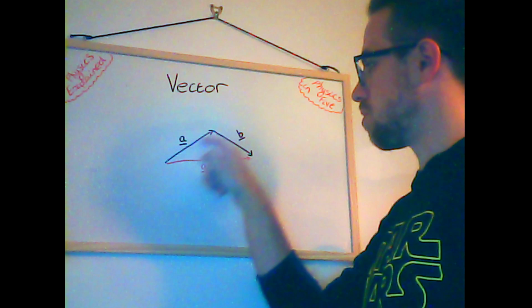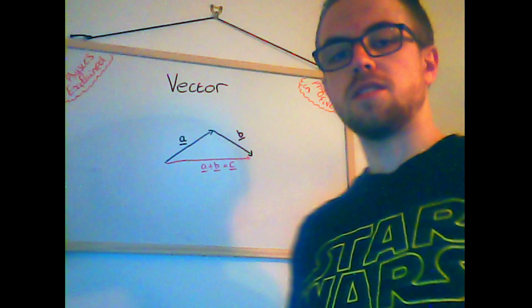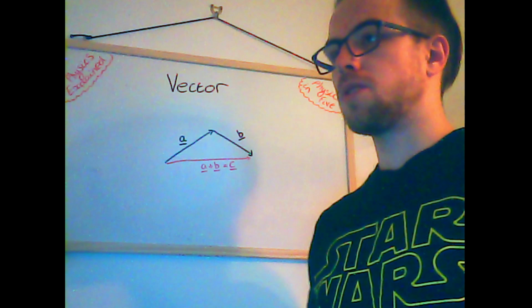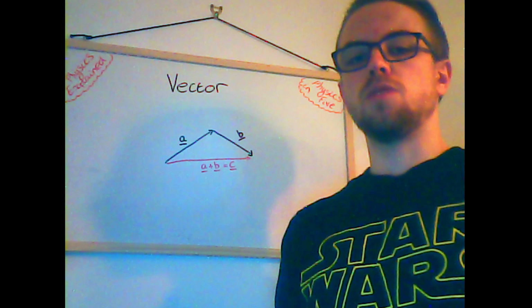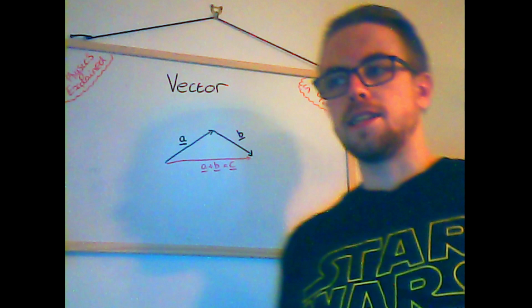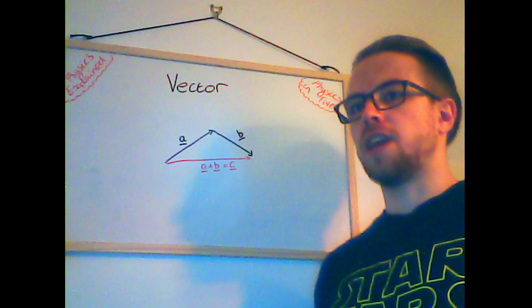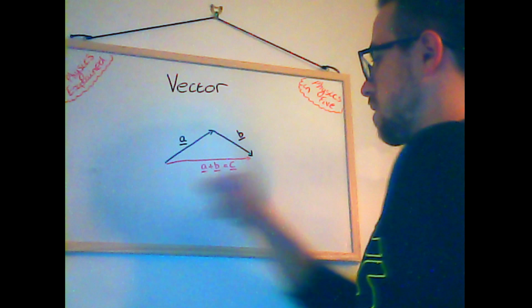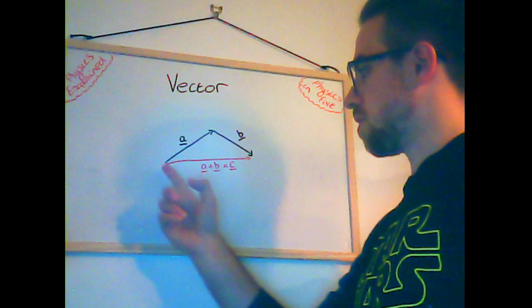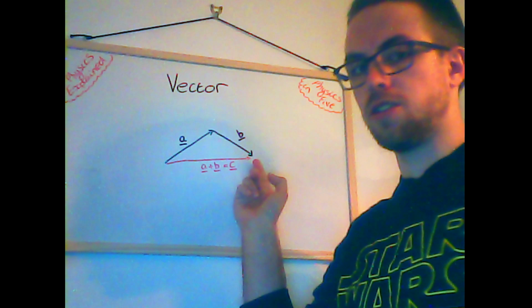Because that is the total distance I've walked. Distance is a scalar quantity. Now if we want to talk about a vector quantity for distance, we use the term displacement. And displacement is the actual as the crow flies distance. And that would be this vector C, because that's the start point and the end point of the journey that I travelled.